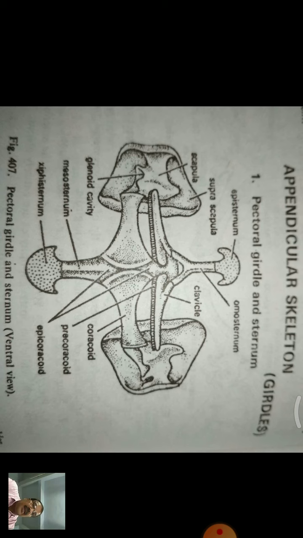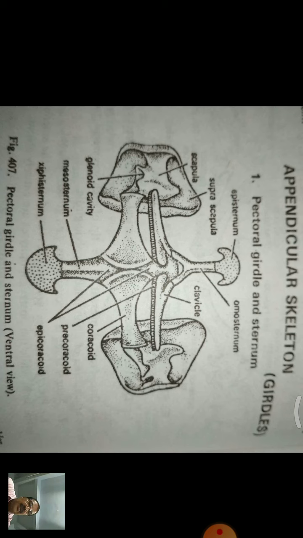The pectoral girdle mainly consists of sternum and clavicle, and also coracoid and scapular portions. The sternum consists of episternum, omosternum, mesosternum, xiphisternum, and other major parts like clavicle, coracoid portion, that are precoracoid, epicoracoid, scapula, suprascapula, and glenoid cavity.